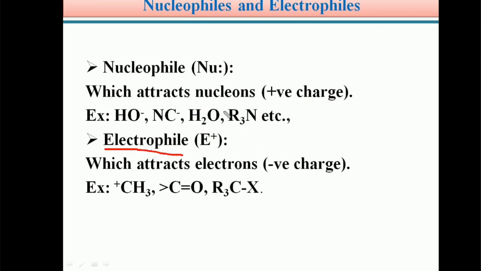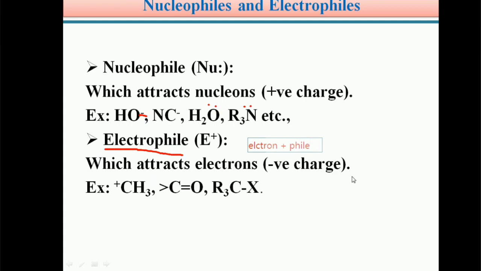Electrophile. Students, a nucleophile is a species which has a negative charge or a lone pair of electrons. Electrophile is exactly opposite to the nucleophilic nature. If you divide the name, it can be written as electro plus phile, which means electron attraction.